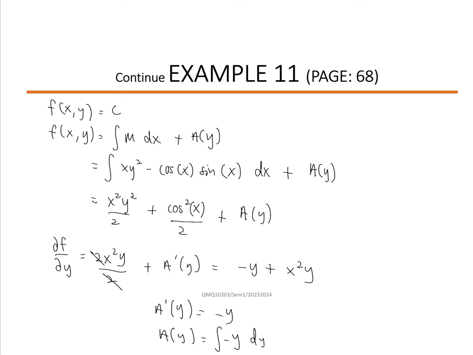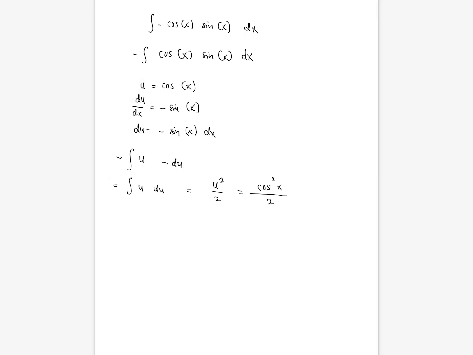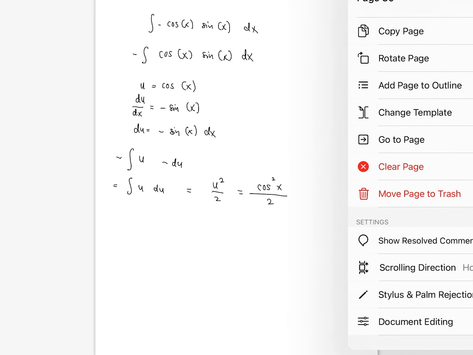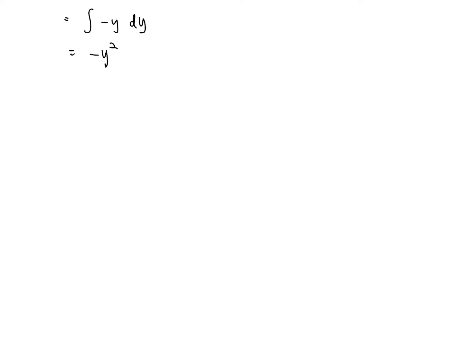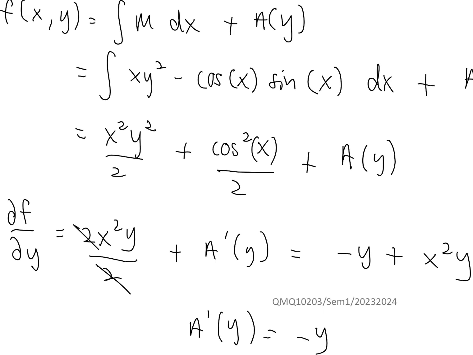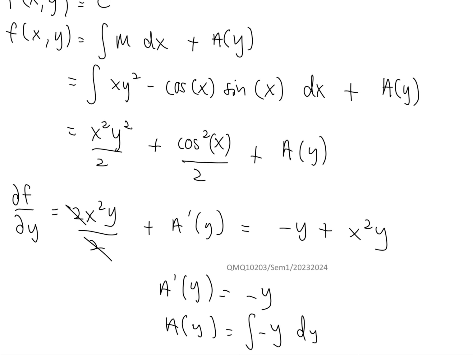So this one should be, let me erase this one, clear page. The integration of negative y with respect to dy is negative y squared over 2. Right, so let's write the final answer. f of x y equals c. So what is our f of x y?